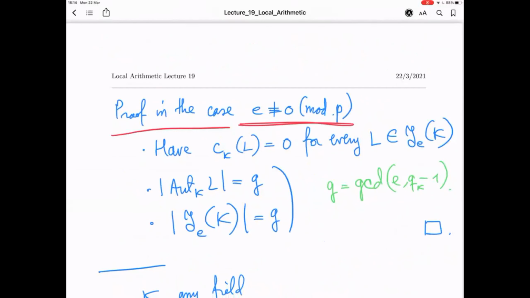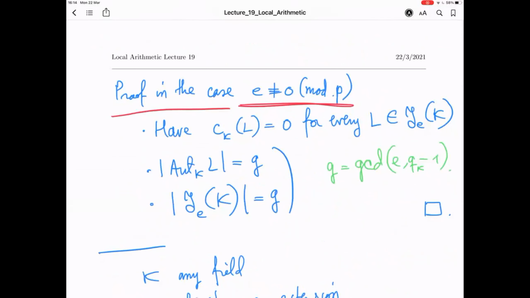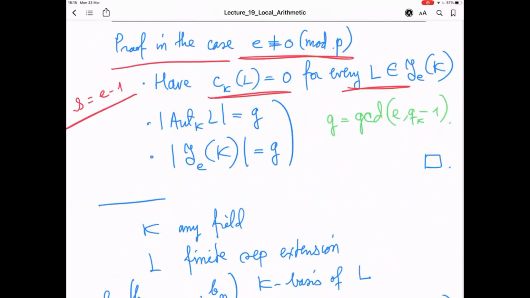In the case when E is prime to P, in the tame case, we have this constant is equal to 0. We have seen this because S is equal to E minus 1, and therefore S minus E minus 1 is 0.